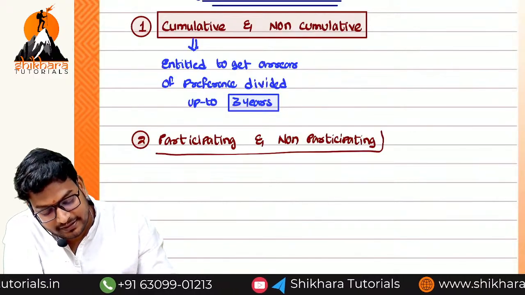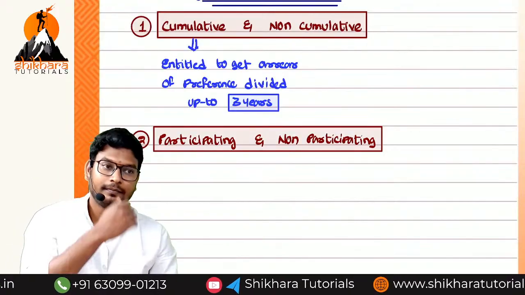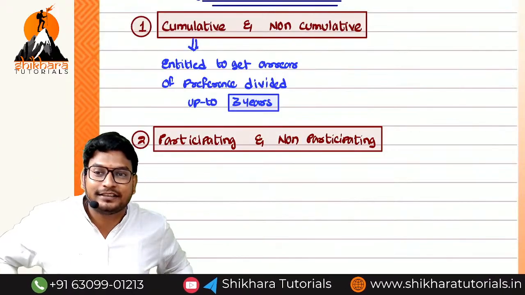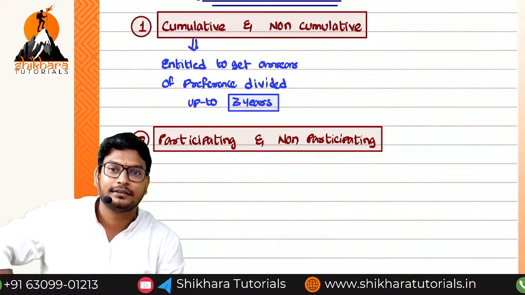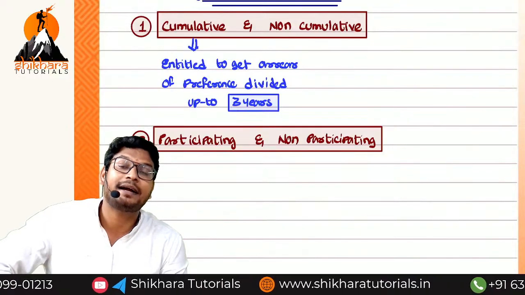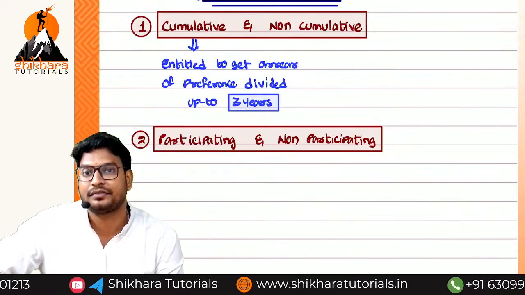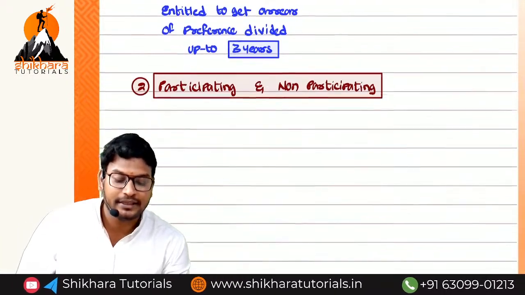Where we need to participate? In a dance competition, singing competition, or what? Who needs to participate? Preference shareholders. If they are participating on surplus profits. What is the meaning of surplus, sir?